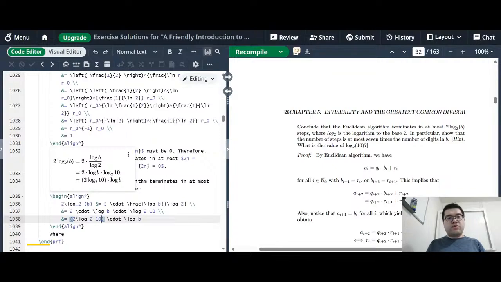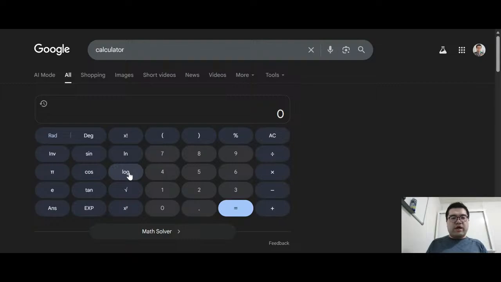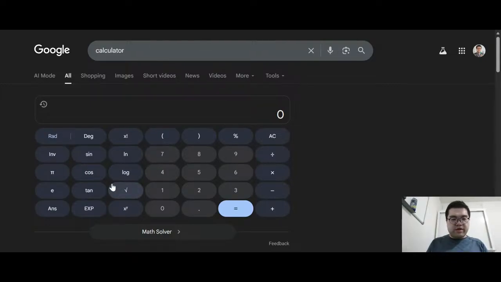So we're going to use a calculator quickly to calculate it. Okay, calculator. So we have what we're trying to find, log base 2 of 10, which is the same as, maybe I should do it this way. What is log 2?